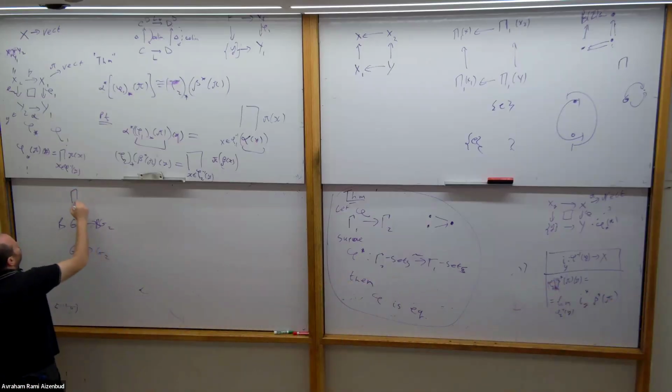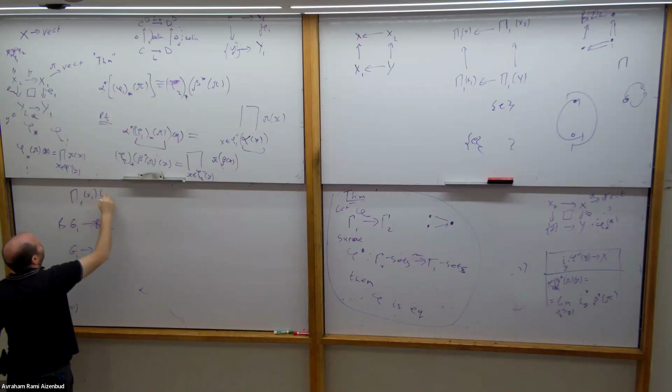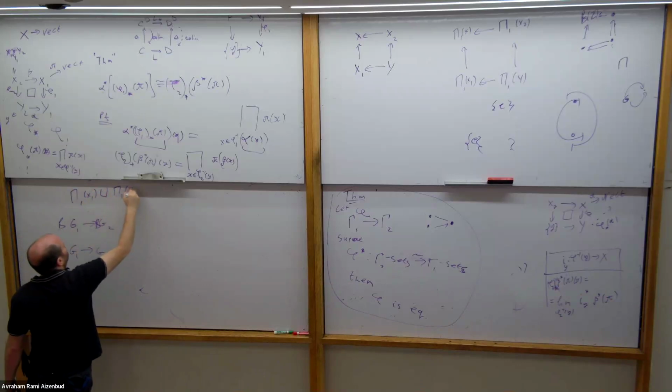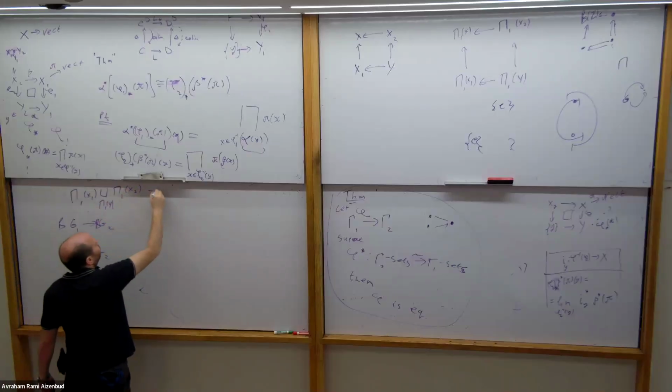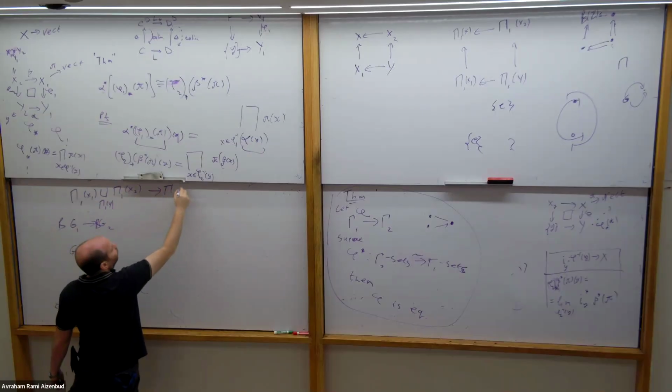Then we have a functor, in which direction for the pushout, I1.